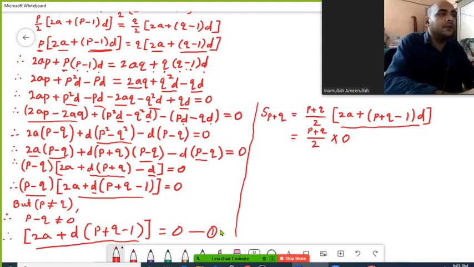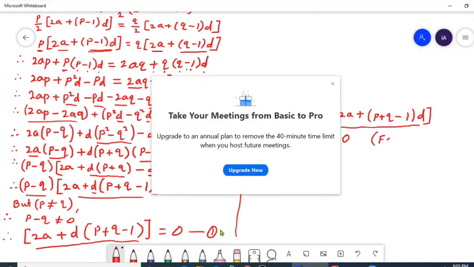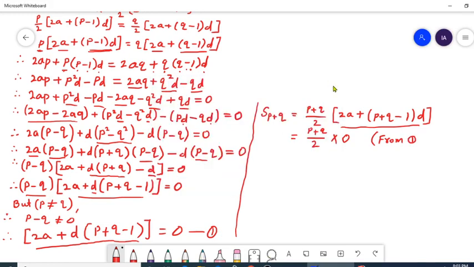So from 1, this is from 1. So therefore, the sum of first p plus q terms is equal to p plus q by 2 into 0. So when you multiply any number with 0, you will get 0. And that was the requirement. The question was to prove that the p plus q term sum of this arithmetic progression is 0.